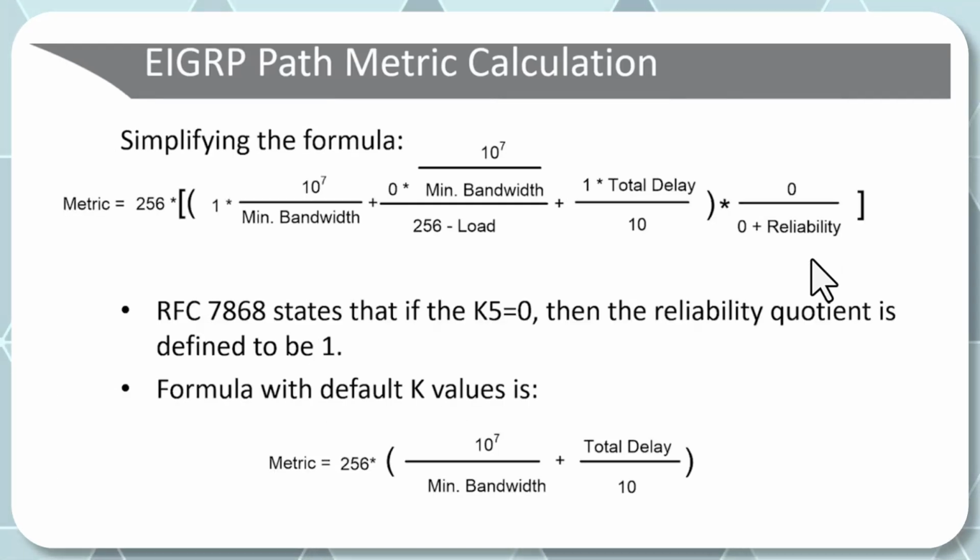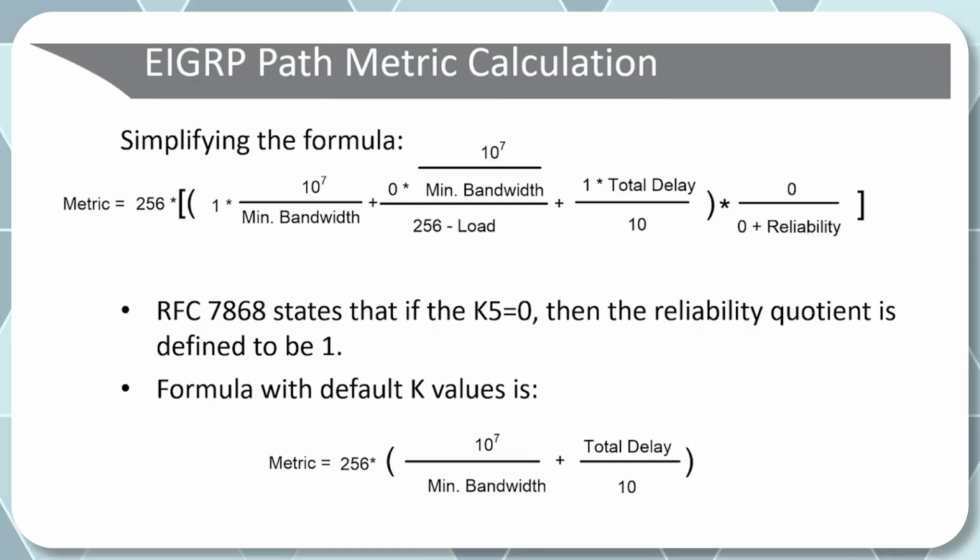Now we are simplifying the formula more here. For example, RFC 7868 states that if K5 is equal to 0, then the reliability quotient is defined to be 1. Now K5 is 0, so the value of this whole term will be 1. Now the formula is simplified.